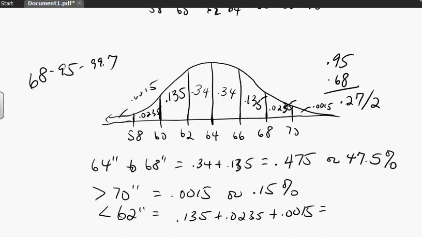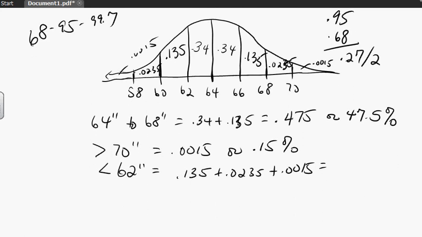Because I have one more word to define. I'm sorry, that's 16? Yeah. Okay. So that's 0.16 or 16%.